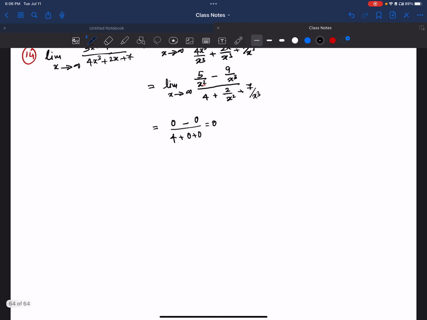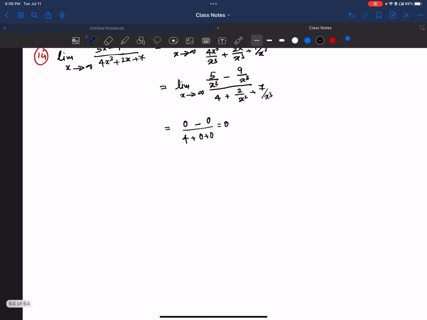Our next example is 19. So we're going to talk about example 19, which is interesting.